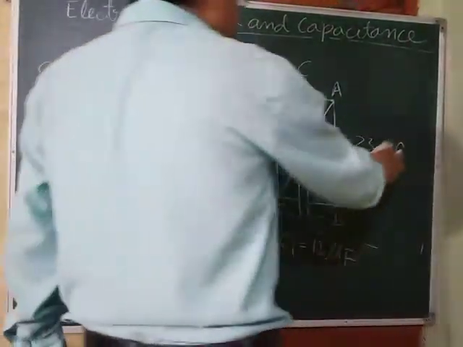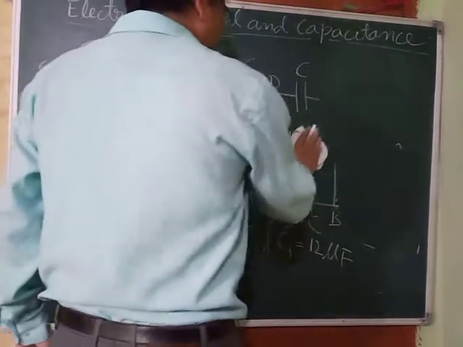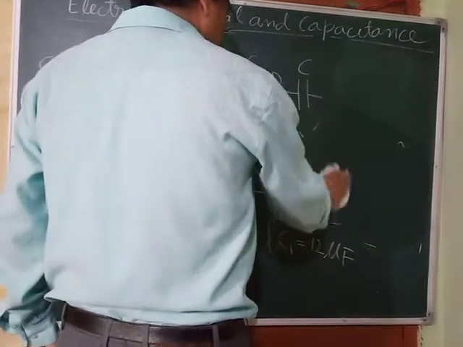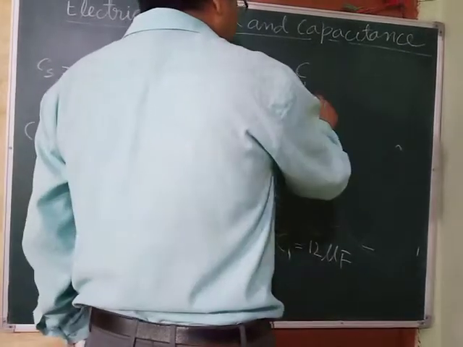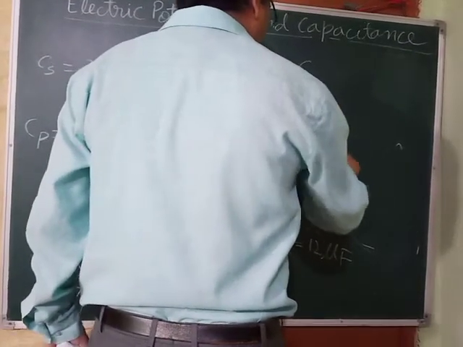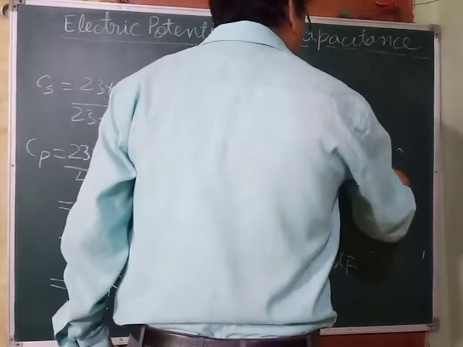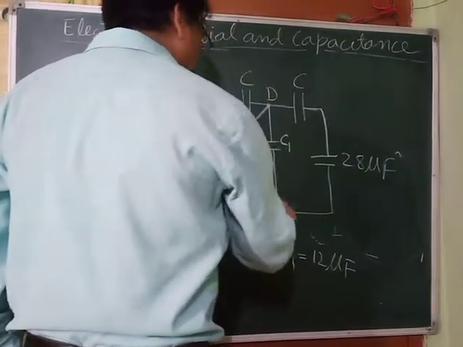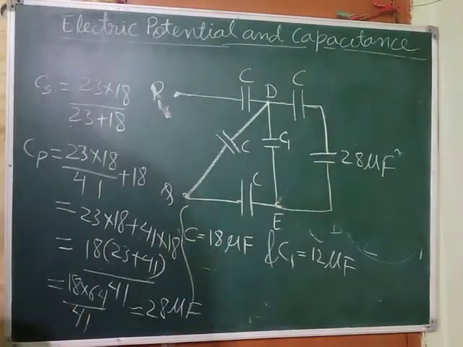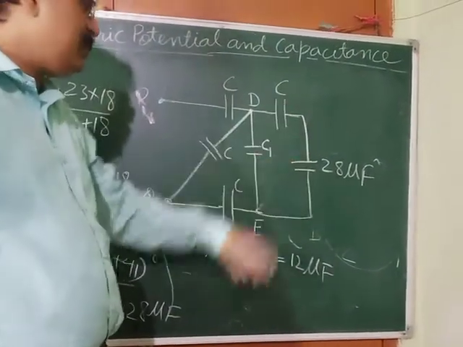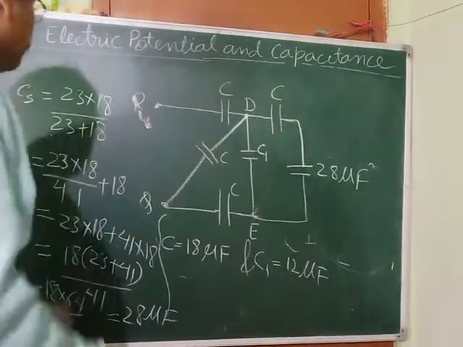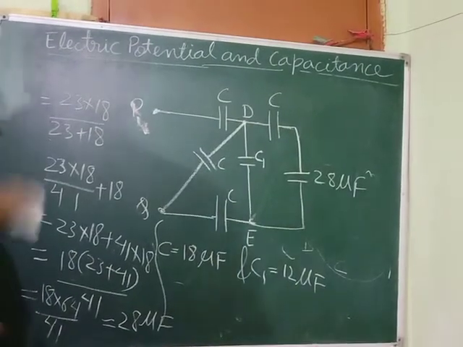Now again we can just remove this. We are having here 28 microfarad. This 28 microfarad is in series with this C and in parallel with the C1. So we can again go for it.